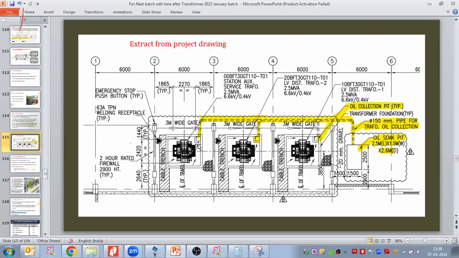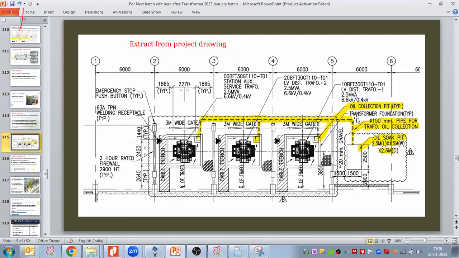In the foundations, this small portion is indicating the soak pit. Now here we have a common oil collecting pit, the oil soak pit, which is connected with each foundation.